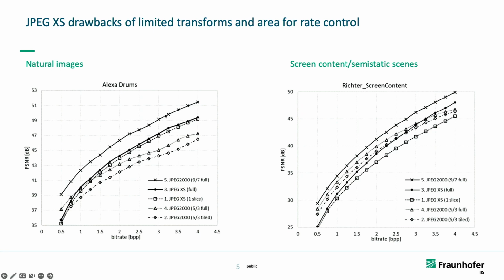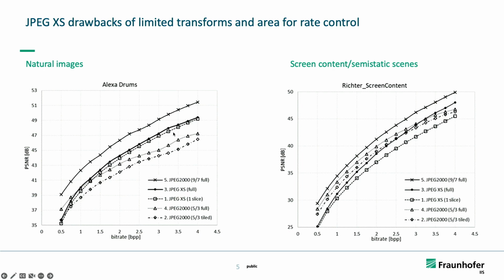You see the best quality here is for both images with the full JPEG 2000 9-7 transform and a full way of encoding. Nevertheless, with the 5/3 wavelet transform and the reduced number of vertical decomposition levels, we also reached a good quality.